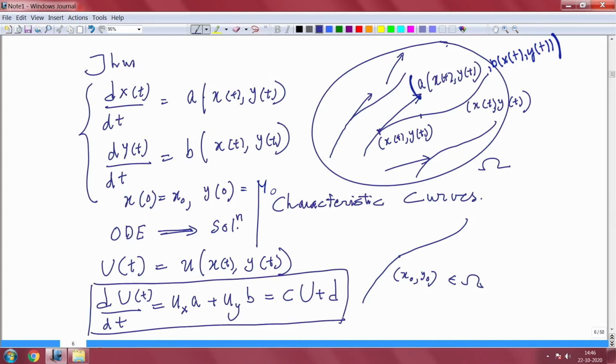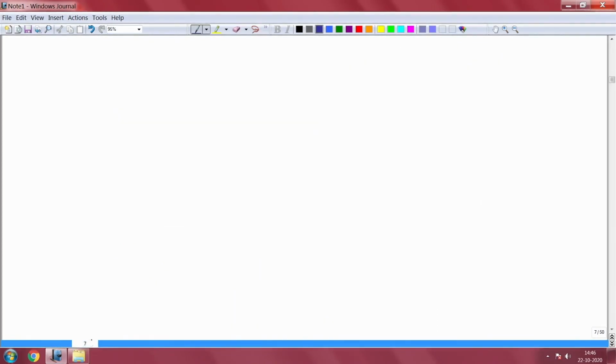So, what is done here? You have your domain omega, on that domain omega you have your curves, and these curves are obtained by solving a 2 by 2 system.